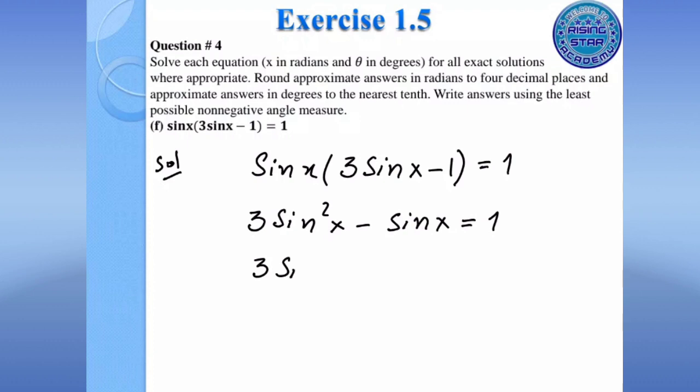Again rearrange. Now in this we have a form of quadratic equation. So this is my a value, minus 1 is my b value, and minus 1 is my c value as it is. Now I will use the calculator to make factors of it.